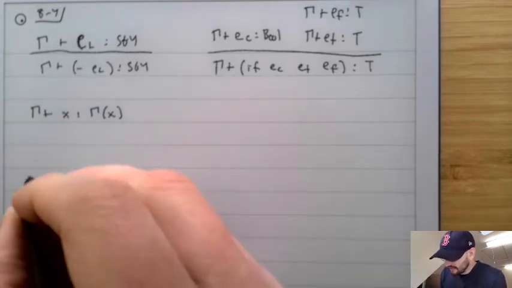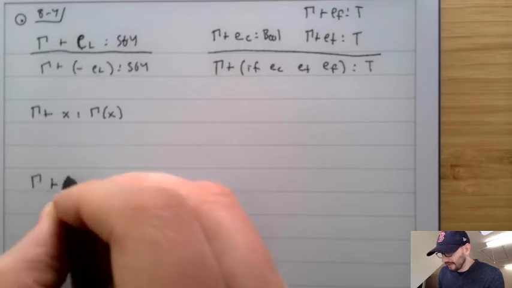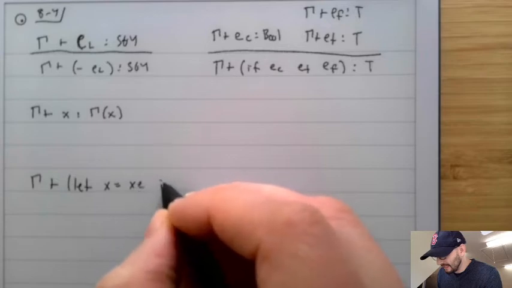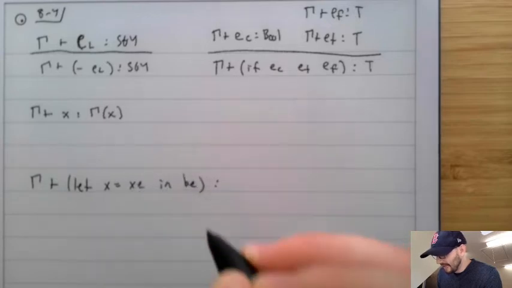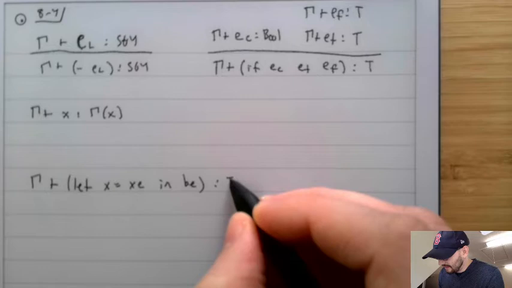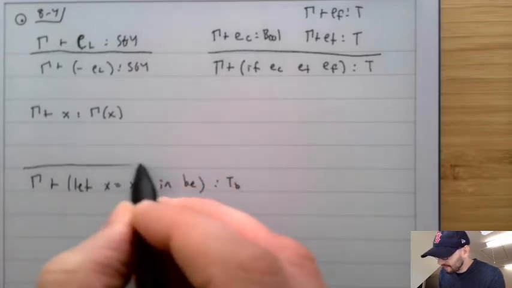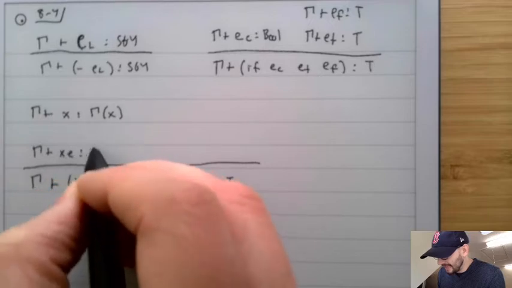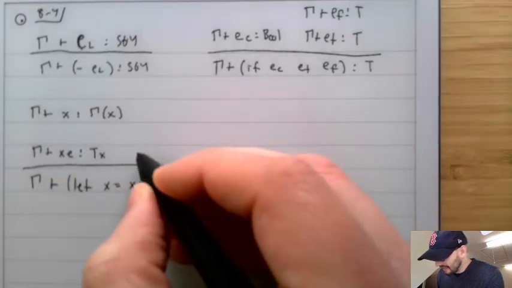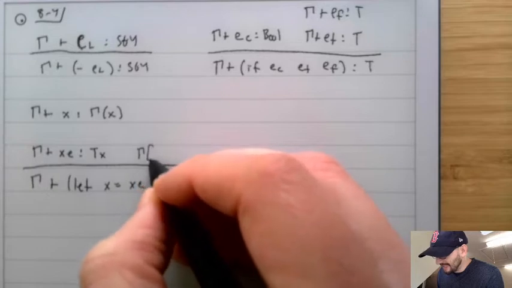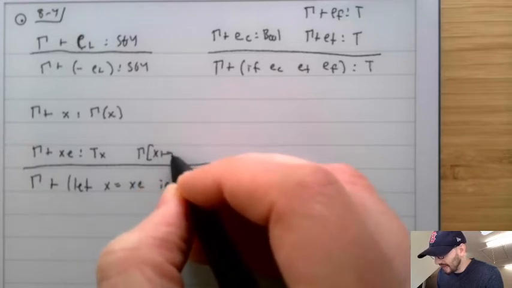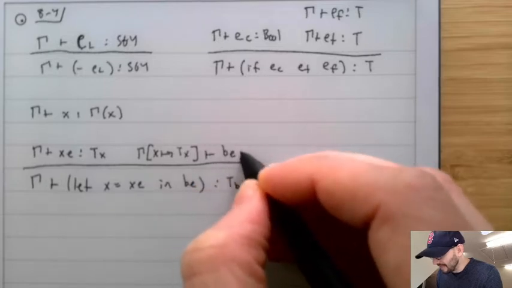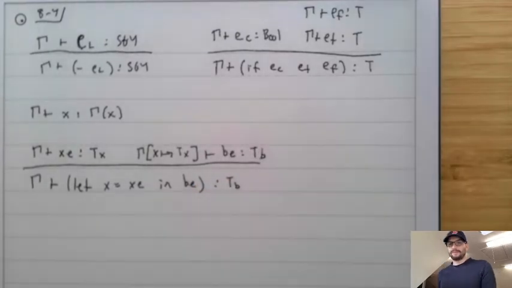Other than that, for let, we would say gamma proves that let x equal xe in be has type tb if gamma proves that xe has type tx and gamma extended with a mapping from x to tx proves that be has type tb.